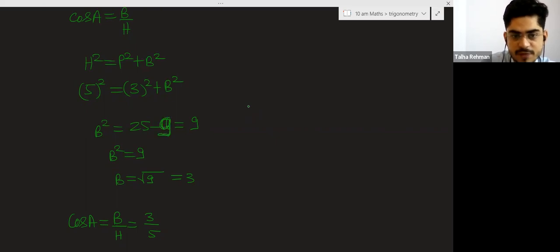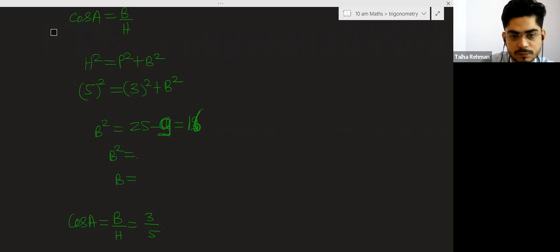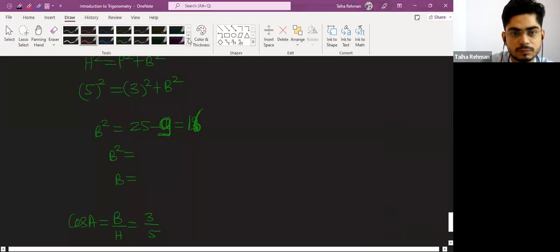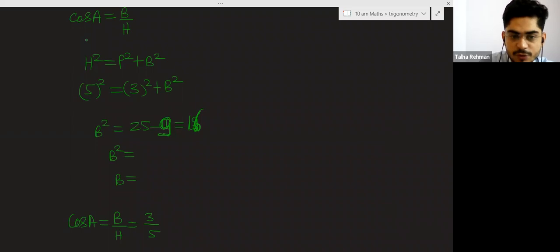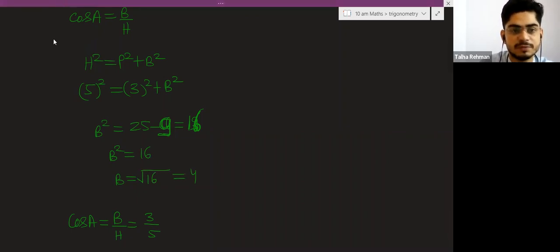This time it will become 16. So 25 minus 9 is equal to 16, and if you take the square root of 16, you will get 4. So the base you will get is 4 this time, not 3.